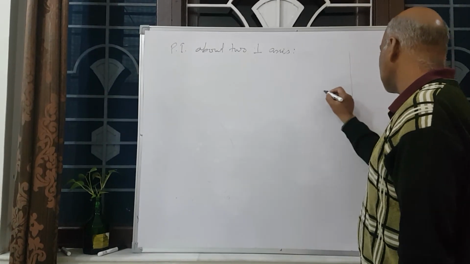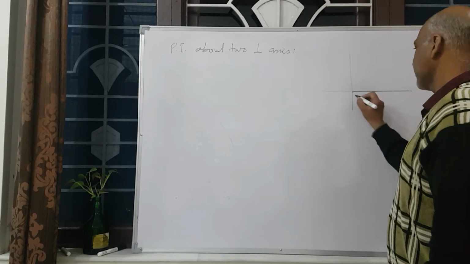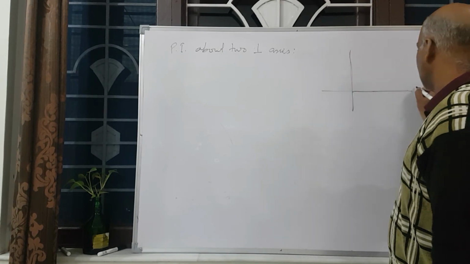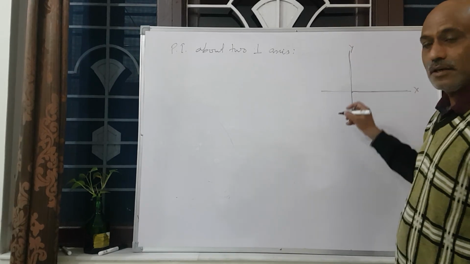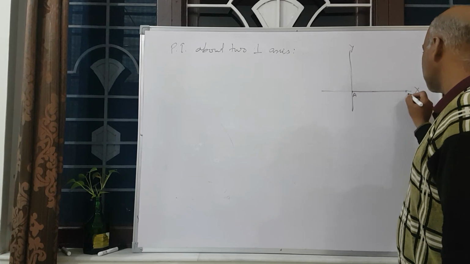Here, this is the same rod. This is OX, OY. This is the X axis, this is the Y axis, and this rod is A, and this is B.